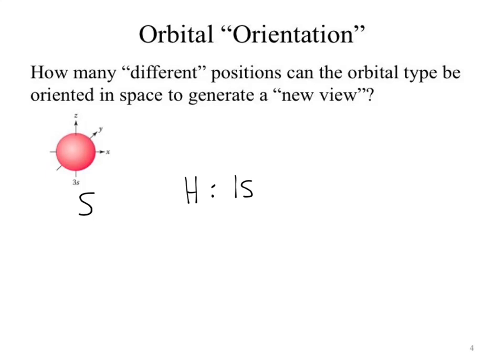There's all sorts of options. We could try and use a subscript. We did that when we looked at formulas. If we had ammonia, NH3, what did that 3 mean? There were 3 hydrogens. So we could use that same general idea with our electron configurations.